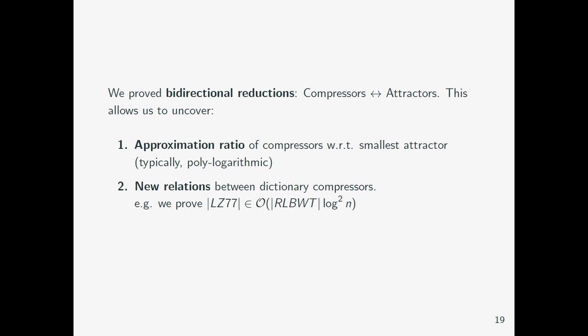Surprisingly, we also get a new technique to obtain new relations between dictionary compressor sizes. For example, we can prove that the size of Lempel-Ziv 77 is always bounded by the size of the run-length Burrows-Wheeler transform, which is another compressor, times log squared n. This was not known before. And we get many other relations of this kind.